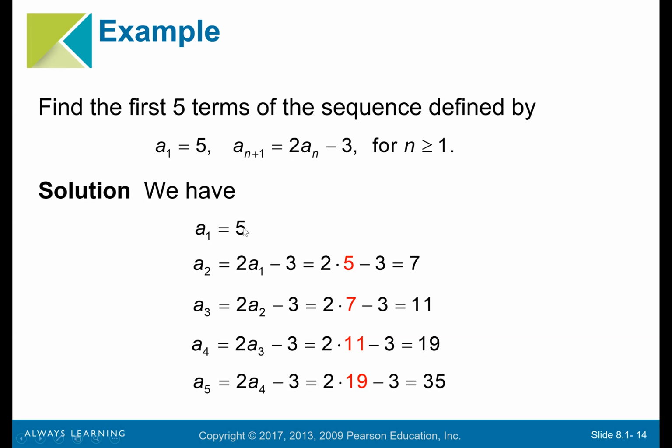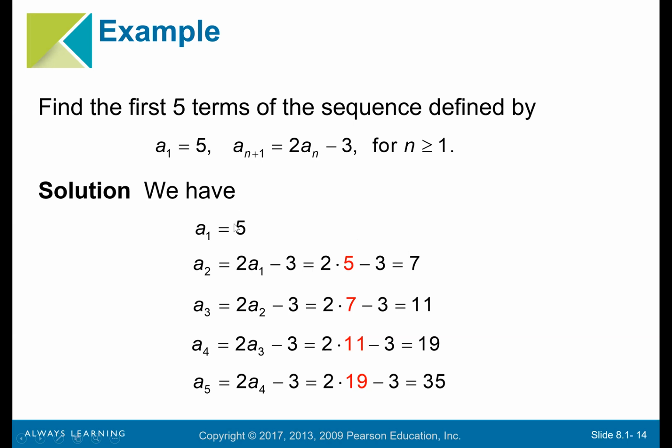So the first term is given, it's 5. To find the second term means I have to put in a 1 for n. So it's going to equal 2 times a sub 1, which was given as 5. So 2 times 5 is 10. 10 minus 3 is 7. You can think of this as being the current term. So the current term is 5.